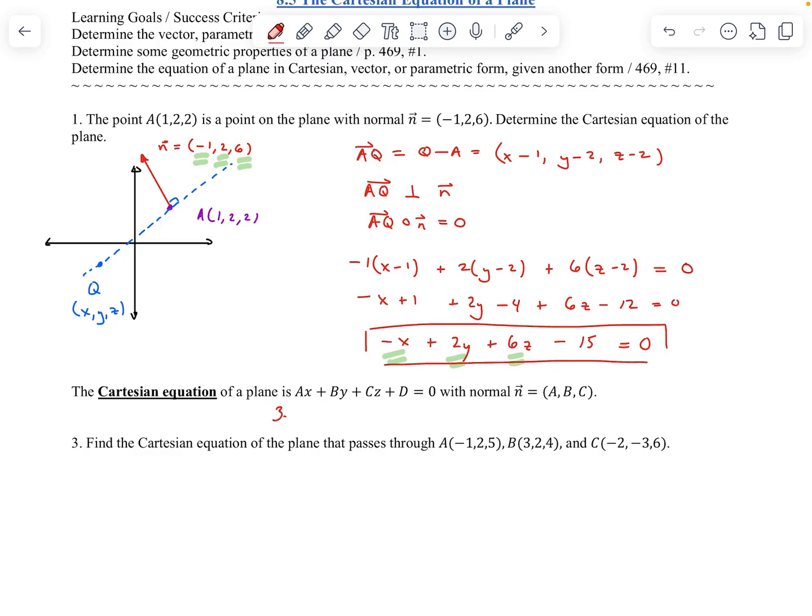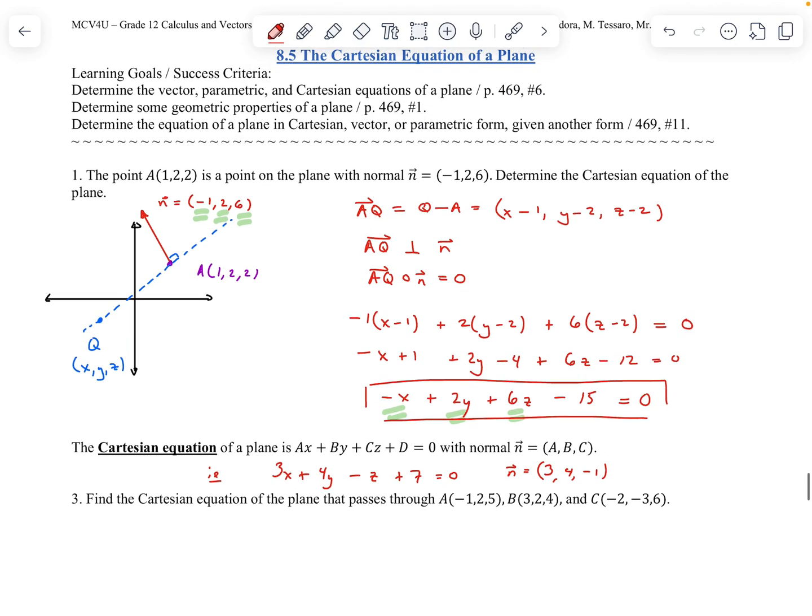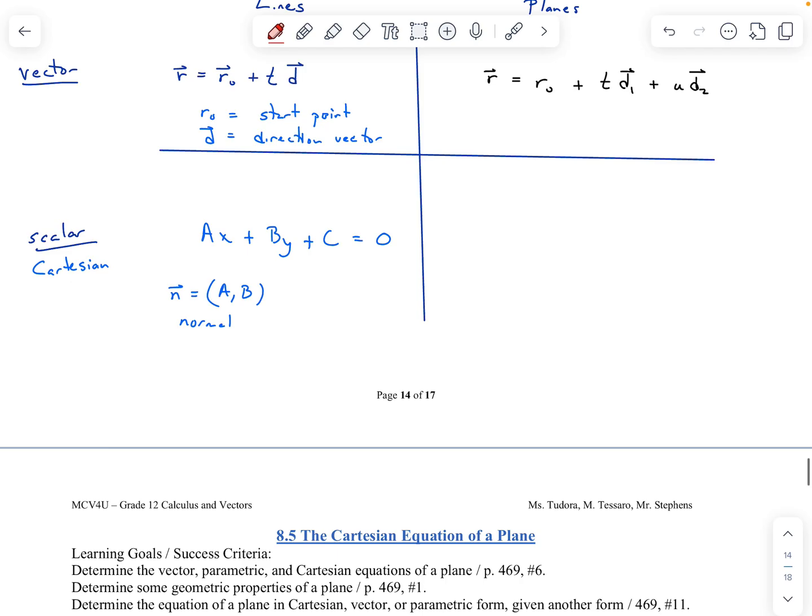So if I see the plane 3x plus 4y minus z plus 7 equals 0, for example, then I know the normal, the vector perpendicular to that, is 3, 4, -1. And that is the last thing you need to know for this term for your test. That the scalar equation of a plane looks just like the scalar equation of a line, but you're in 3D.